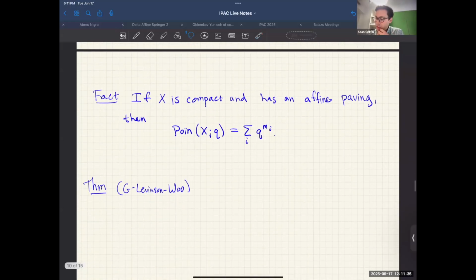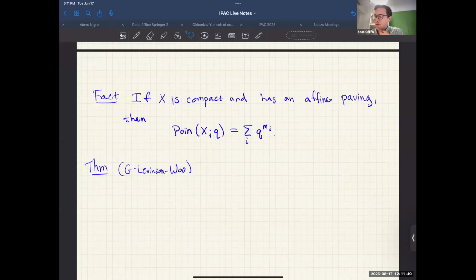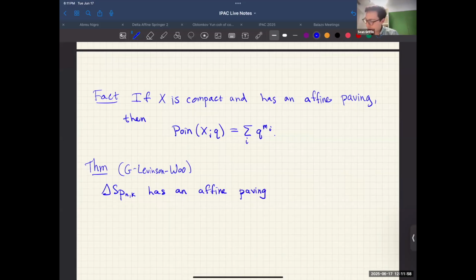And so what does that have to do with the combinatorics involved in the delta theorem? We proved that this space, the delta Springer fiber, has an affine paving in which each cell contains exactly one torus fixed point.